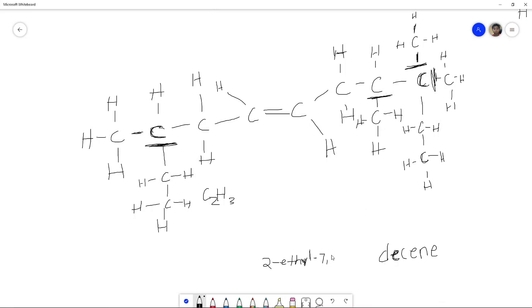Then we do 8 because that's where the second methyl group is. And we also do another 8 because we have a second methyl group attached to this 8th carbon. And that's why you have two 8s. And this is perfectly fine and it's accepted.